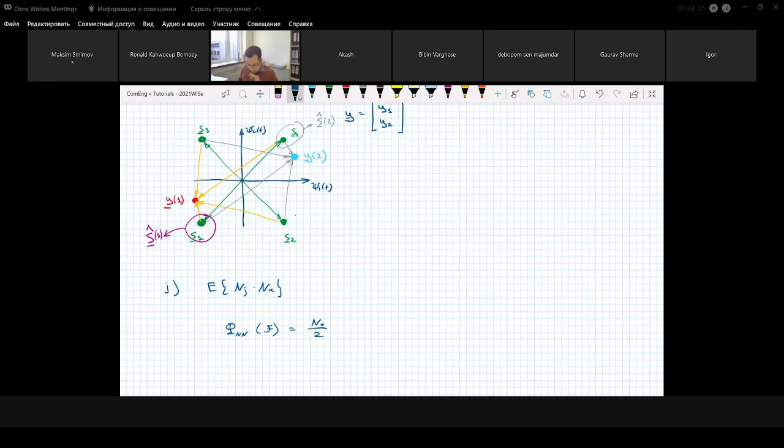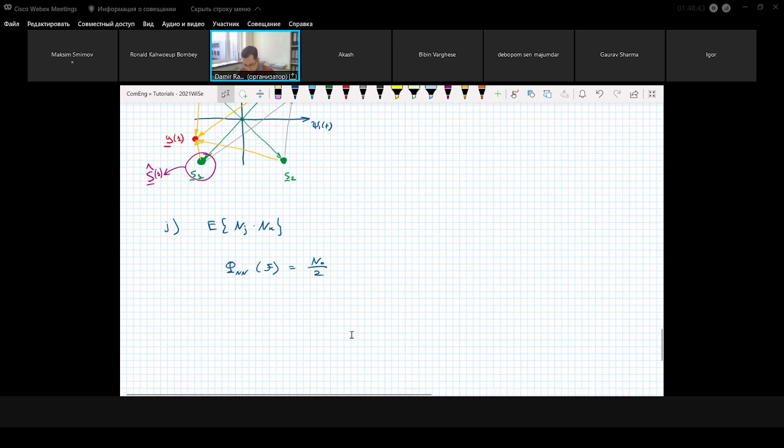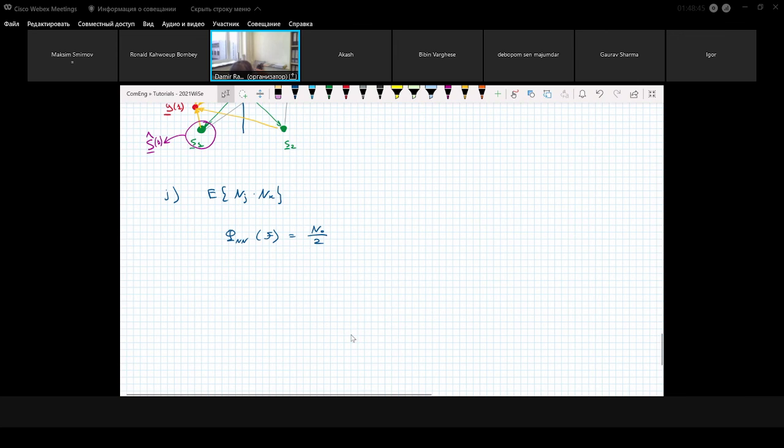So we know that our power spectral density is given by Gaussian noise, and we show what the power spectral density looks like. It will be N0 over 2, constant.